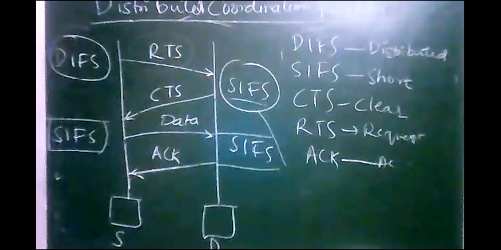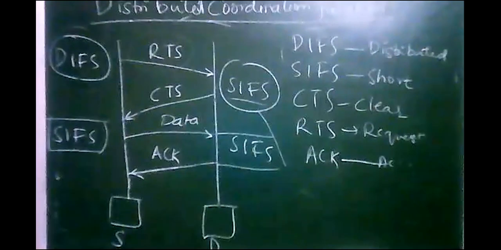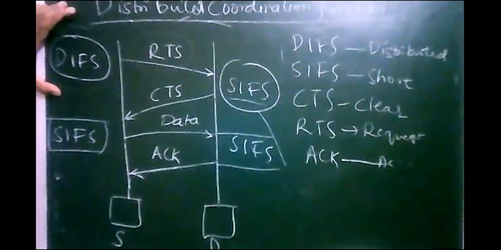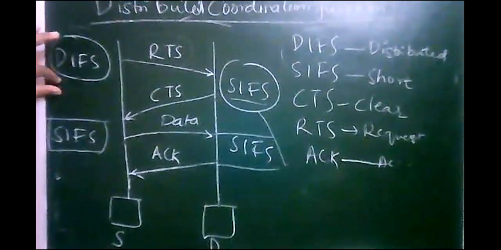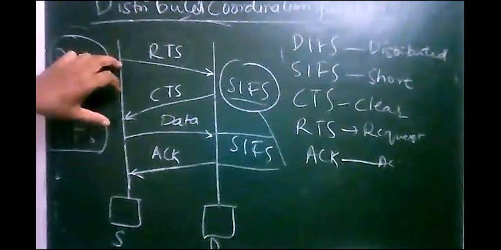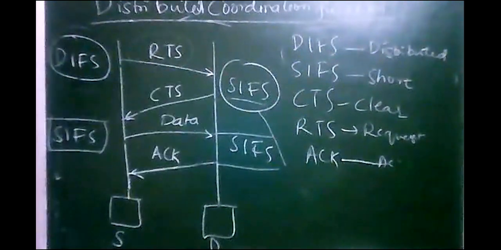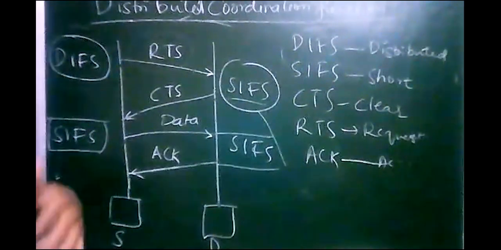So what is happening is, according to the distributed coordination function, it will wait for a certain period of time. That time is called the distributed interframe space. It is a waiting time to send a request to the destination station that I want to send data.